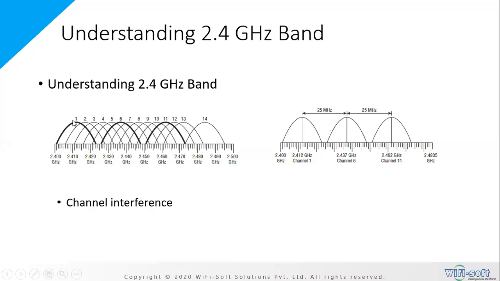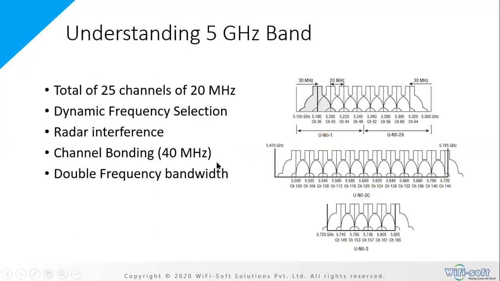So if you have two access points, one operating in channel 1 and the other in channel 2, you are definitely going to have a lot of interference, as you can see here. I think many of you would be aware that you need to operate in this kind of band structure, and the reason is this channel interference.